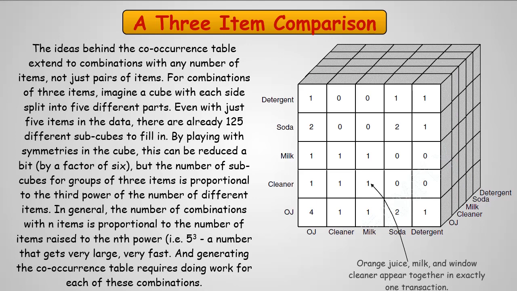By playing with the symmetries of the table, you can reduce this by a factor of 6, but the number of subgroups for cubes of 3 items is proportional to the third power of the number of different items. In general, the number of combinations of n items is proportional to the number of items raised to the nth power. So 5 to the third power is the number we're looking at when looking at 3 items of 5.